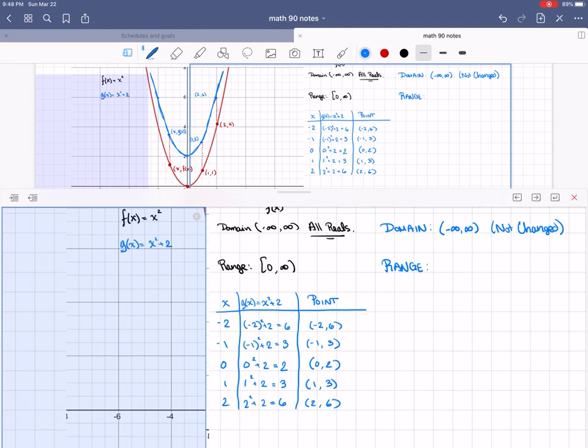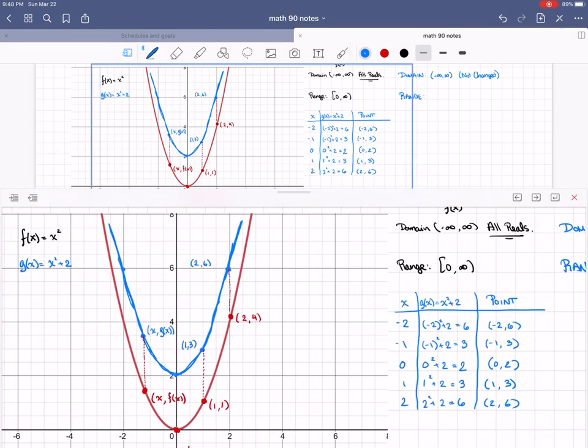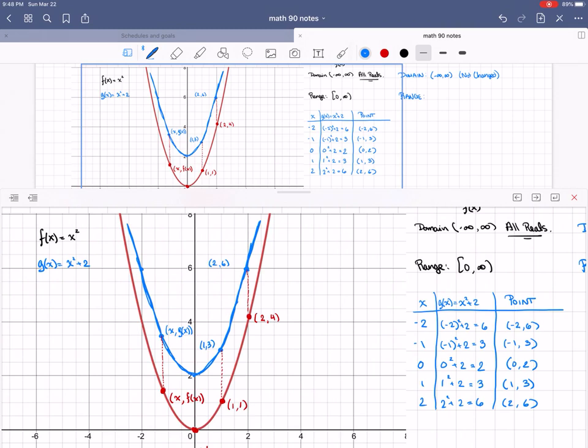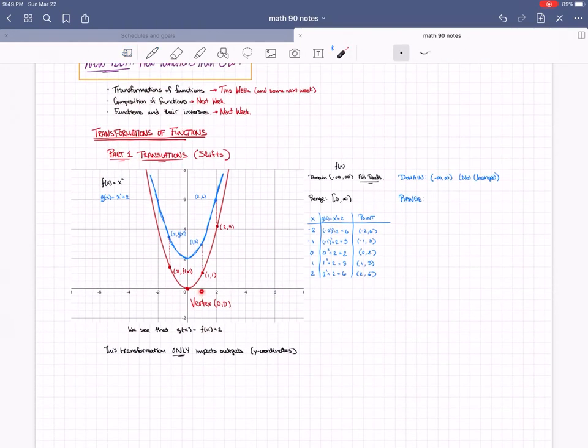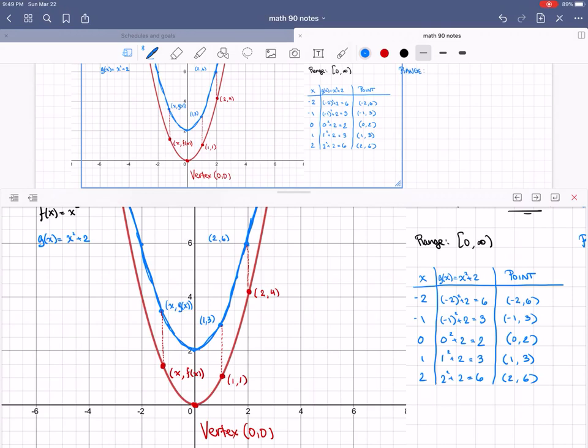But the range, right? So if we go back to the graph here, what do we see? Well, the original graph, the red one, the lowest point on it was the origin, the vertex, 0, 0. So the smallest y-coordinate of any point on the graph was 0. If you look at the blue graph, there's the vertex. It's the point 0, 2. In fact, let's write that here. Our graph is getting a little bit claustrophobic, but that's okay.